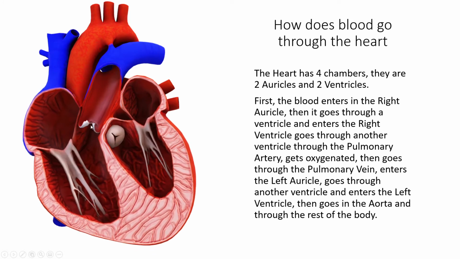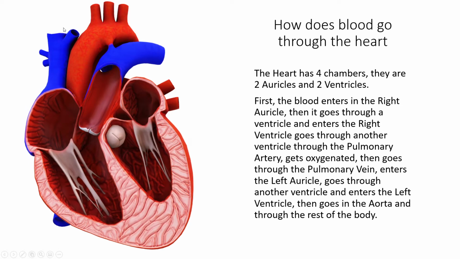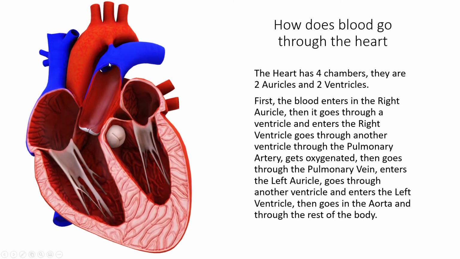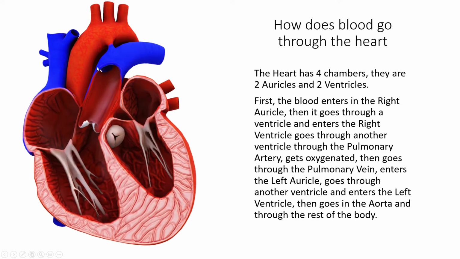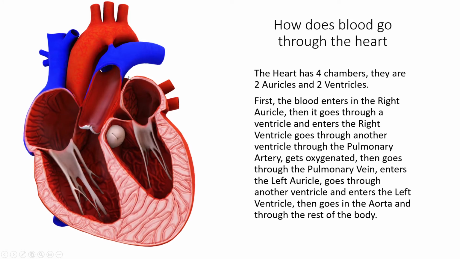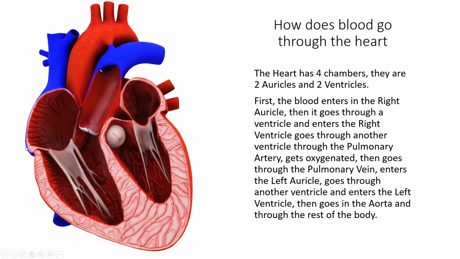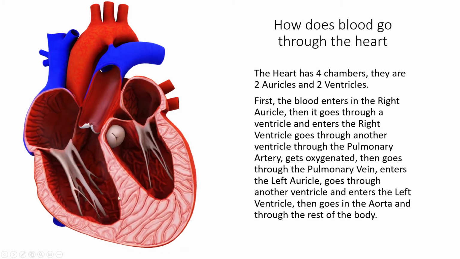These are the two arteries. So the aorta, which is the biggest artery in the human body, and the pulmonary valve, which leads to the lungs. So the inferior and superior valve go to the atrium, the left or right atrium.